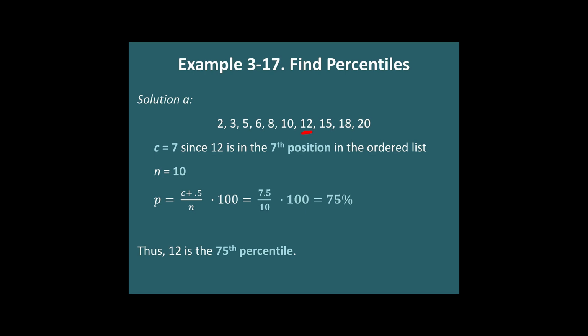Thus, 12 is in the 75th percentile. In other words, the student who scored 12 is in the 75th percentile of the class, meaning that 75% of the other students fall below this score.